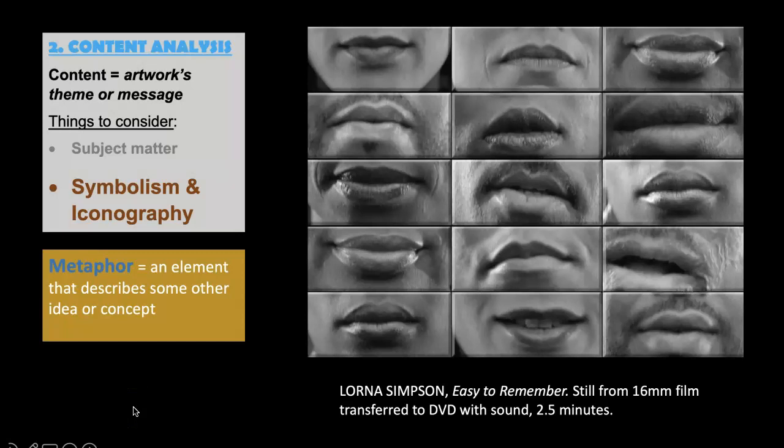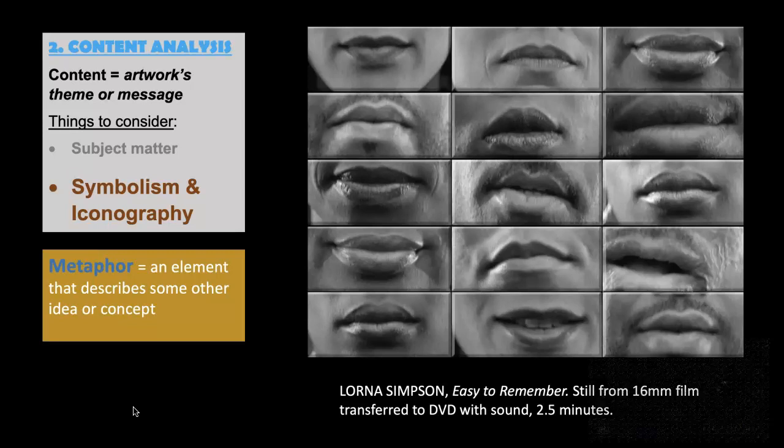Continuing with content analysis, content an artwork's theme or message, we're now considering symbolism and iconography. That includes something called metaphor, an element that describes some other idea or concept.